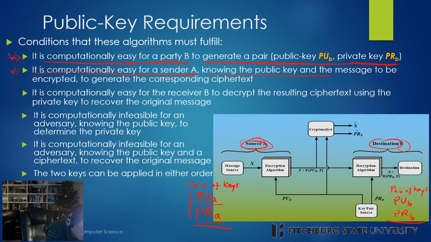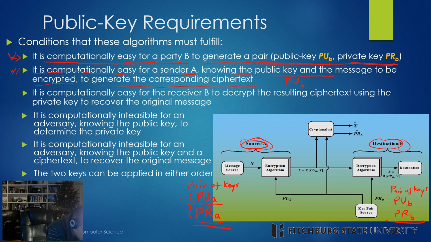Now, the second requirement is that it's computationally easy for sender A, knowing the public key of party B, PUB, and the message to be encrypted, to generate the corresponding ciphertext.